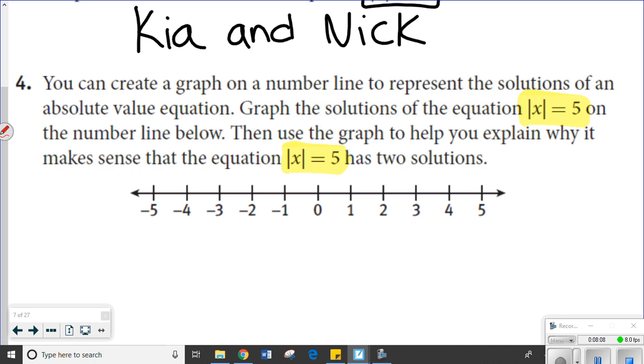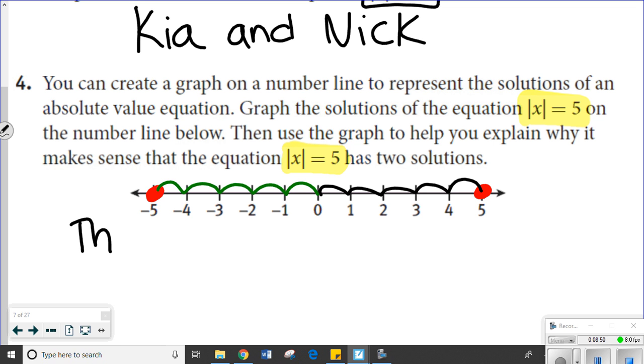So if I'm graphing, let's graph Kia first. Where was Kia standing on the number line? Kia was standing at -5. So we're going to put a point at -5. Nick was also standing 5 units away from 0. Nick is standing at 5, so we're going to put a closed circle at 5. Why are there 2 answers? Well, let's count. 1, 2, 3, 4, 5 units away from 0. 1, 2, 3, 4, 5 units away from 0.